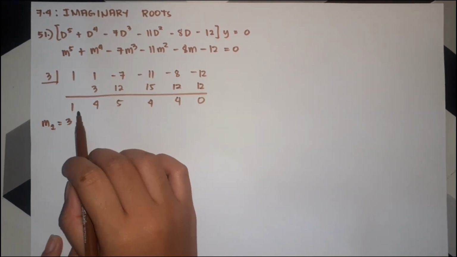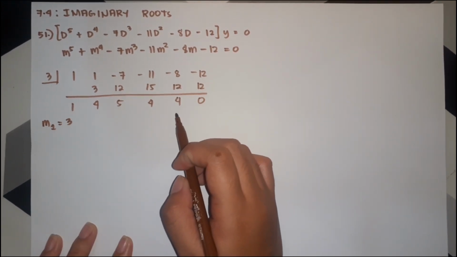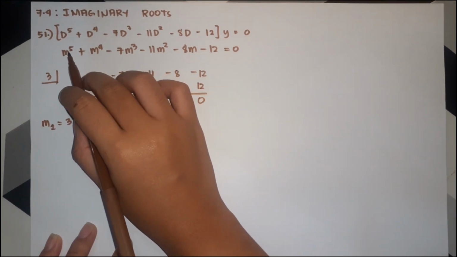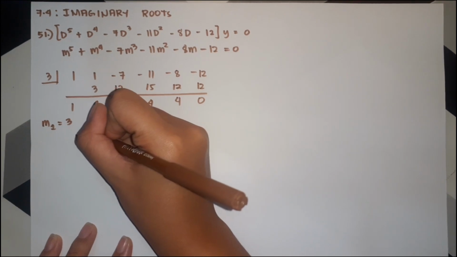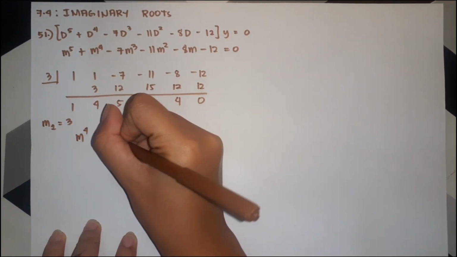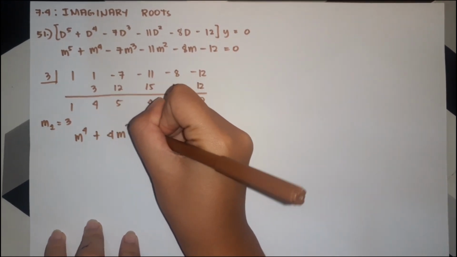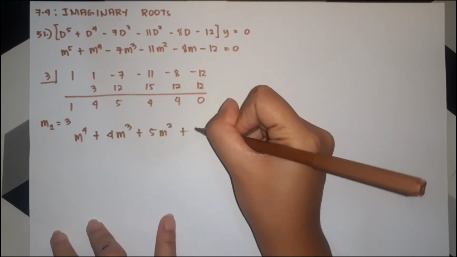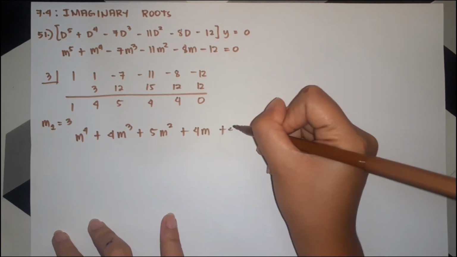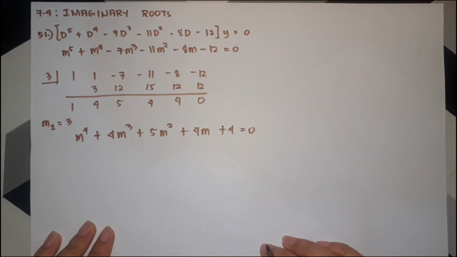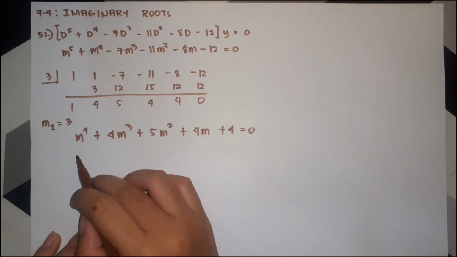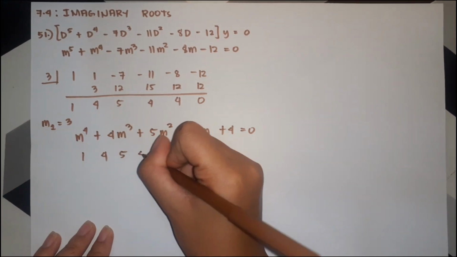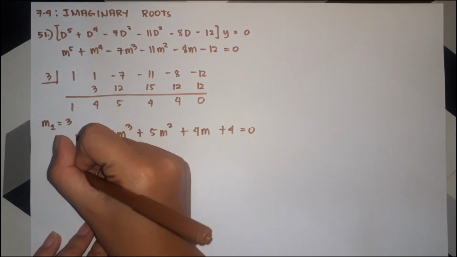Next, these will be the coefficients of our next equation. We reduce the exponent by 1, so this will be m raised to 4 plus 4m cubed plus 5m squared plus 4m plus 4 is equal to 0. Then again we will use synthetic division. So this will be 1, 4, 5, 4, 4.